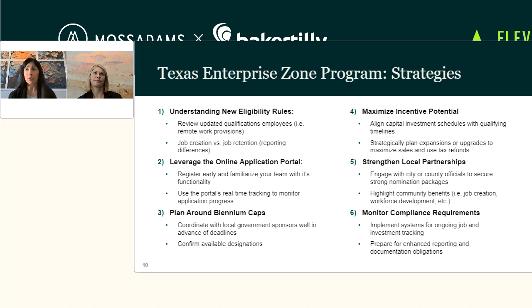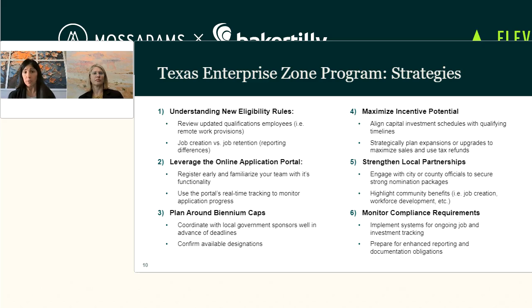It also gives you the chance to highlight anything you've done for the community. If you've sponsored an event, if you contribute to a nonprofit organization, if you are creating a large number of jobs and helping to strengthen the economy in that area, these are things you're going to want to discuss with the local officials.